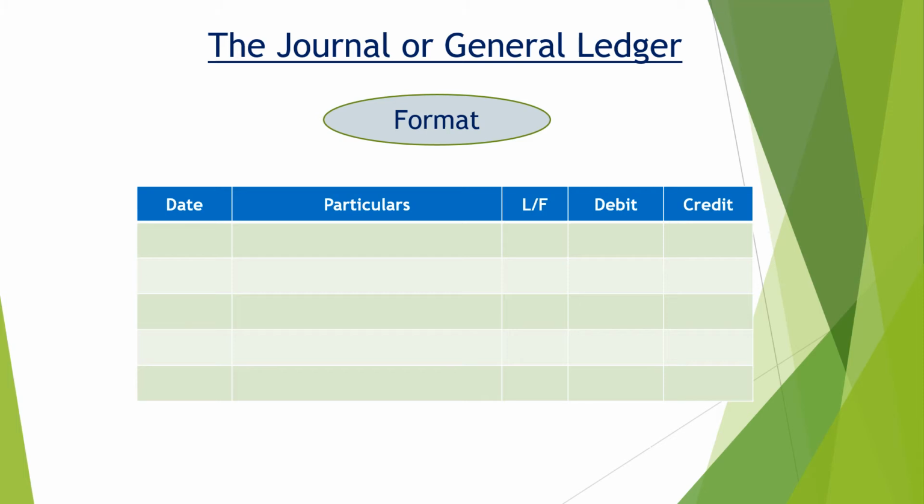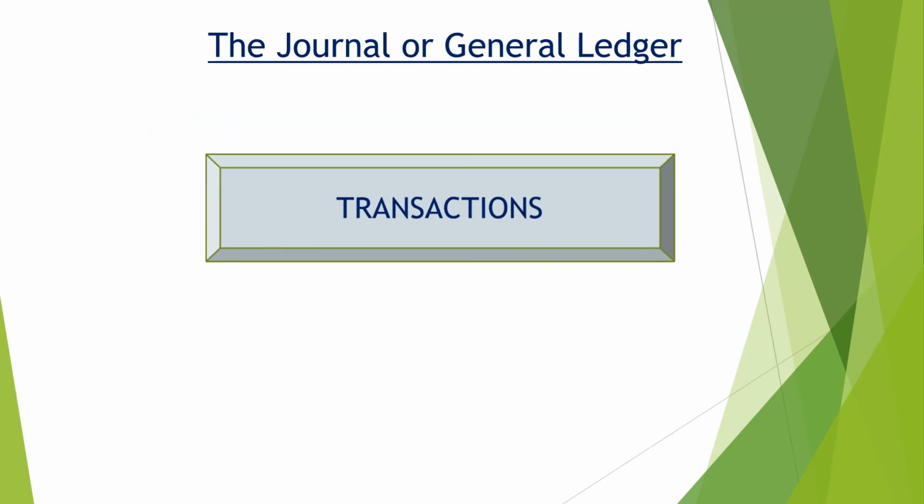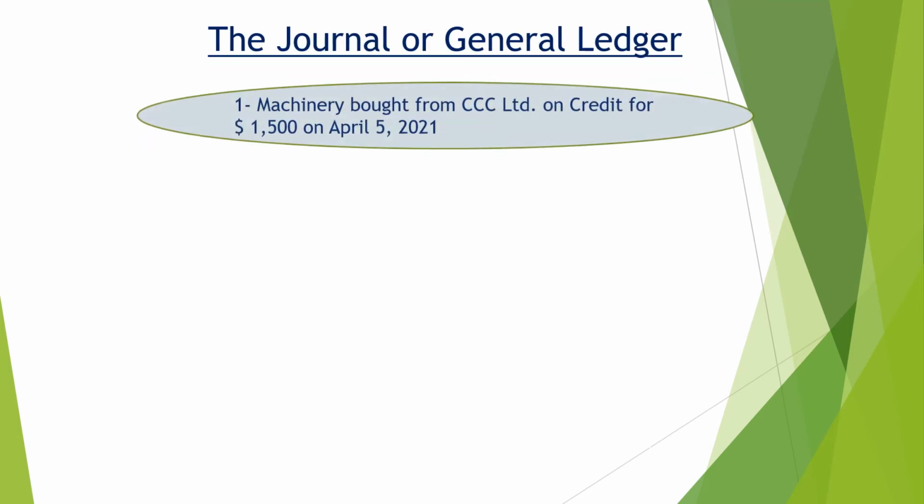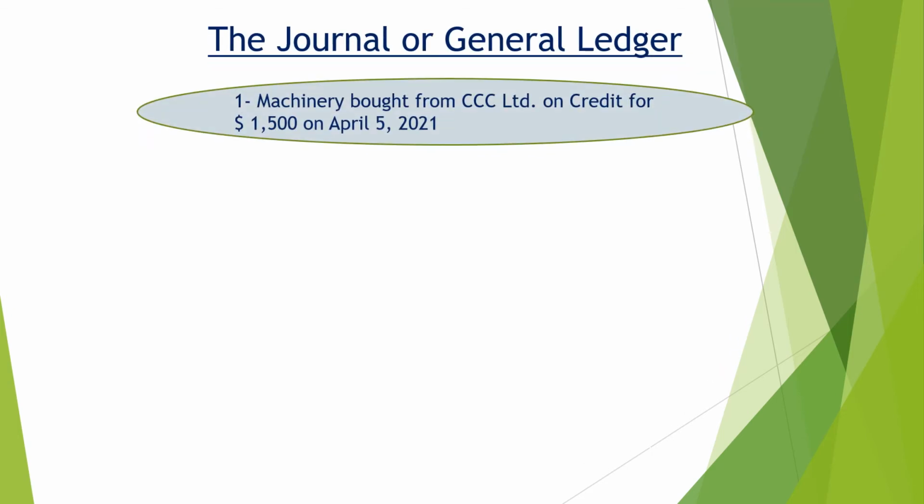There's a date column, then the particulars and ledger folio, debit and credit. We'll make a few transactions in the journal and we'll post them in the ledger as well. Machinery bought from CCC Limited on credit for $1,500 on April 5, 2021.